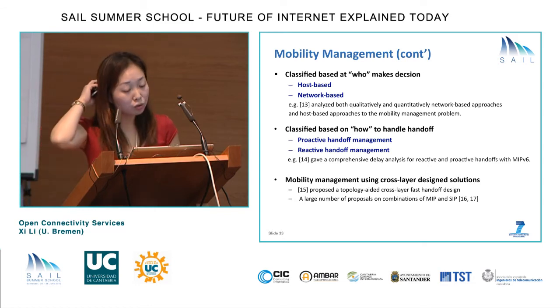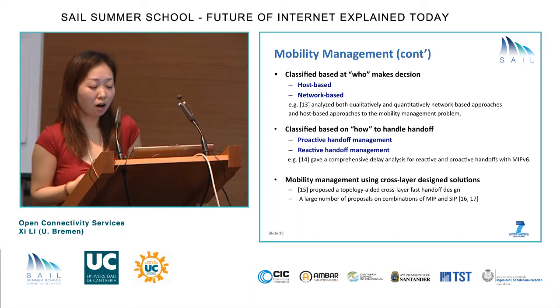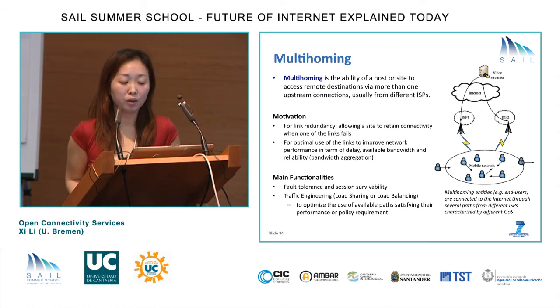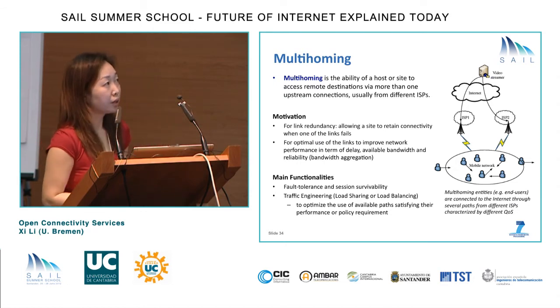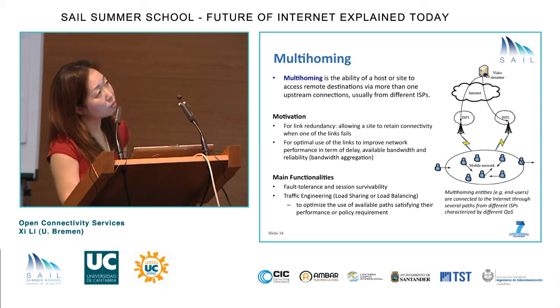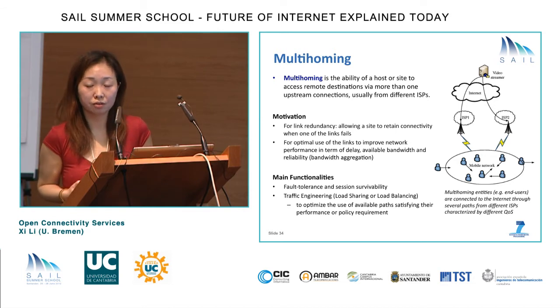Okay, so in addition to mobility management, which is required for supporting flow management, we also need to know about multi-homing. So what does multi-homing mean? As you can see in this picture, in such a mobile environment, the mobile node is able to connect to, for example, a remote video server over the internet by two different paths, provided by two different internet service providers.